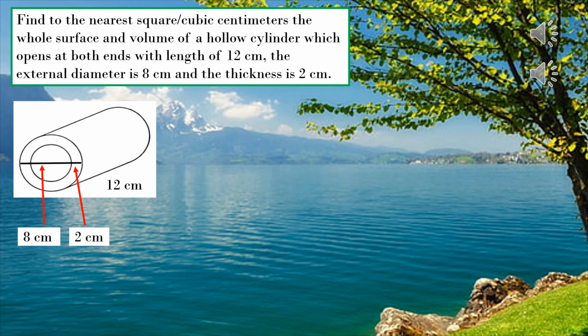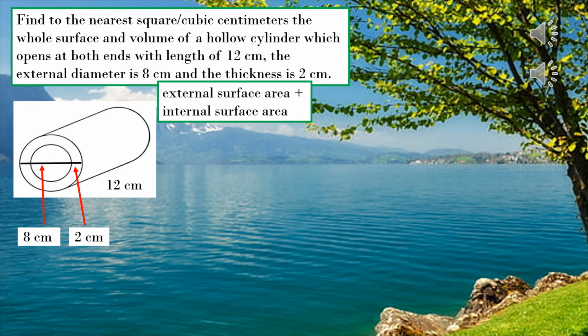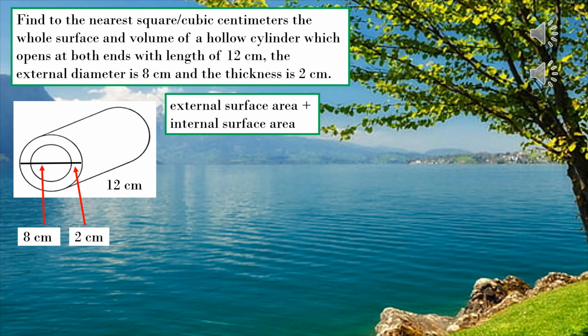First is the whole surface. First, we're going to solve the external surface area and the internal surface area, the outside and then the inside. Okay. So how do we find this?